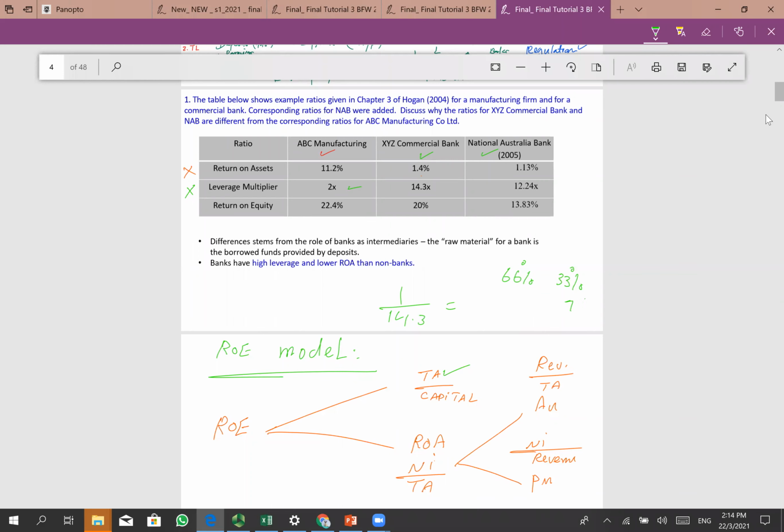So 7% is the capital and 93% is the liabilities, which is the money of the depositors. So again, I cannot compare this one and this one.